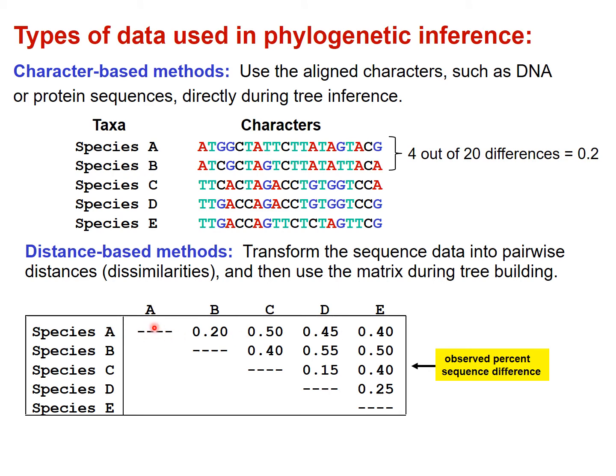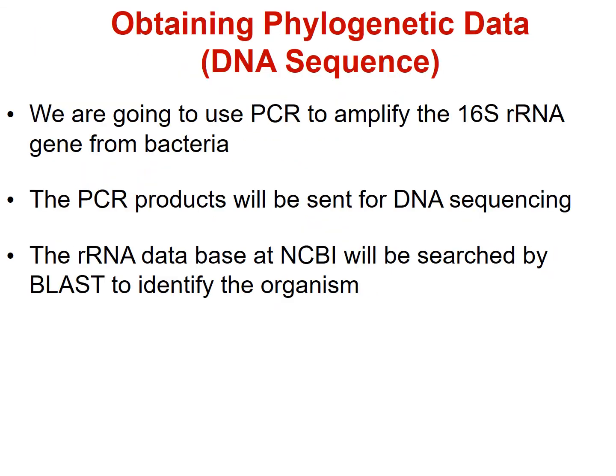So we do this for all of them, and we get this matrix. This is comparing A to A, there should be no differences, obviously. And we just spoke about A to B. This 0.2 is coming from here, and we get all these different distances.